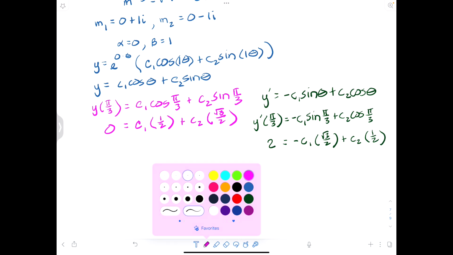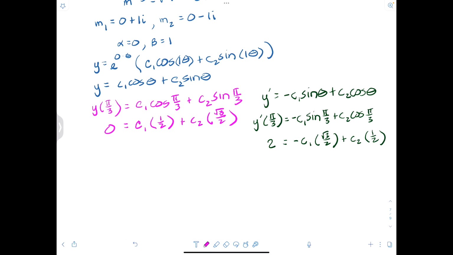All right, working with this purple equation over here, if I multiply both sides by 2, that gets rid of those denominators, and I'll get 0 is c1 plus root 3 c2. So c1 is negative square root of 3 times c2.